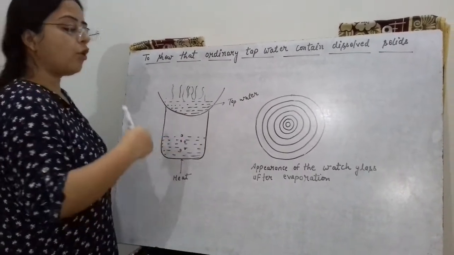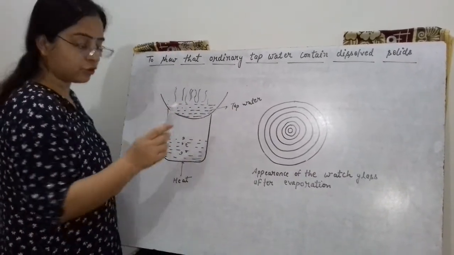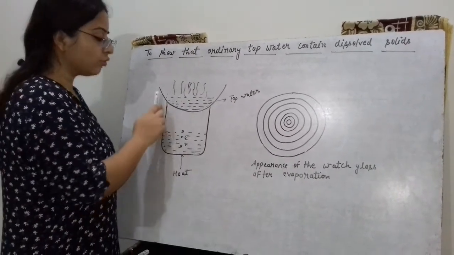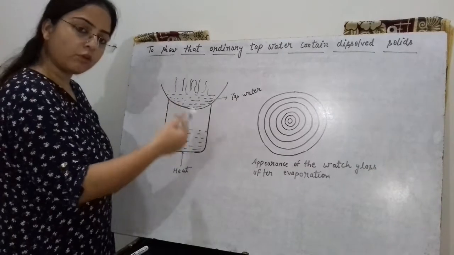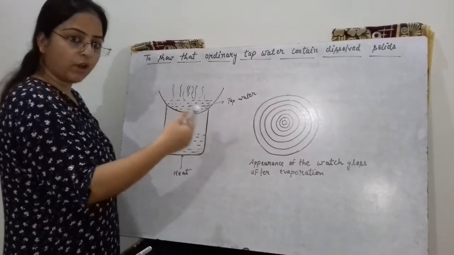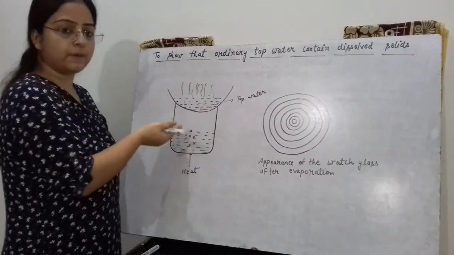Then when continuously heat is provided to this beaker, slowly this watch glass will also become hot and the water present in it will start boiling, and the evaporation of this tap water will take place.